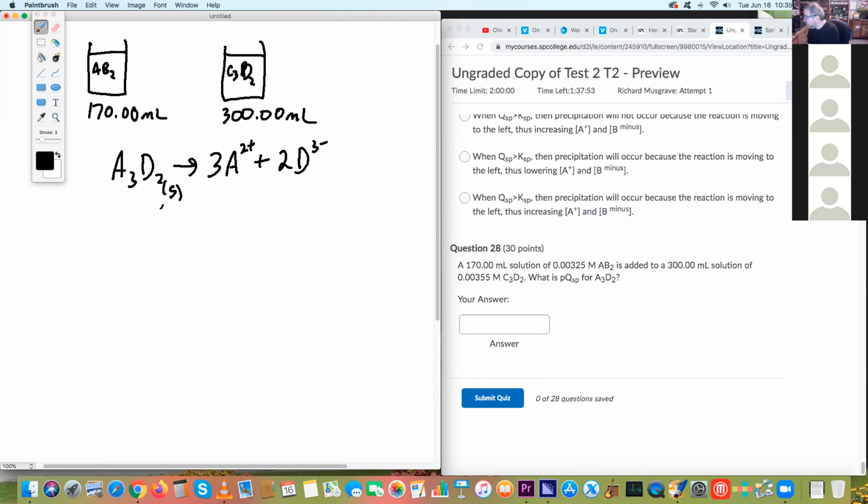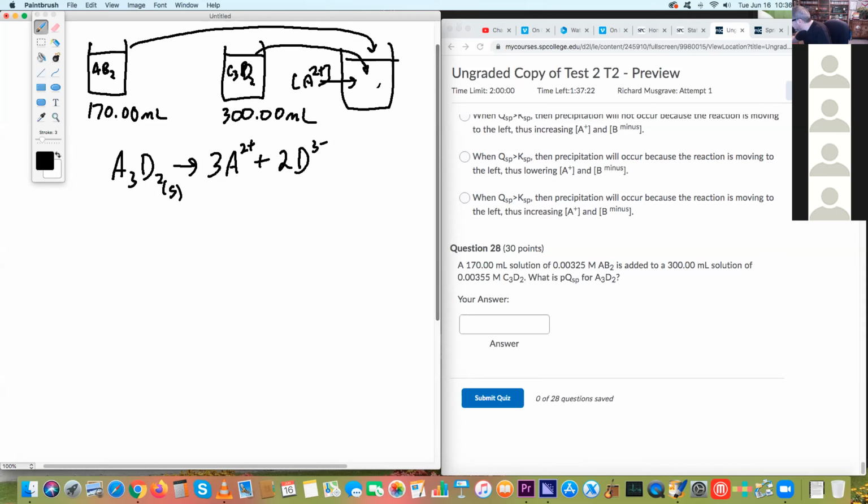So we're going to first of all focus on the A concentration. And as I said, there are 2 things we have to look at for the A concentration. We have to look at the concentration in the initial solution, and then we have to look at what it would be once it got diluted. Because once you add these 2 together, we're going to end up with a certain concentration of A2 plus and a certain concentration of D3 minus.